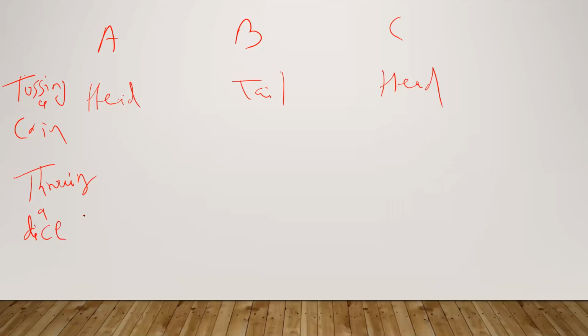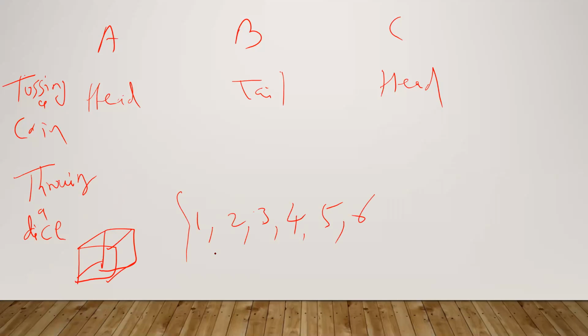A dice is like a cube which has got 6 faces, and on each face a number is written, and a number is not repeated. A number cannot be written on two different faces. So the numbers 1 2 3 4 5 6 are written on the 6 faces.